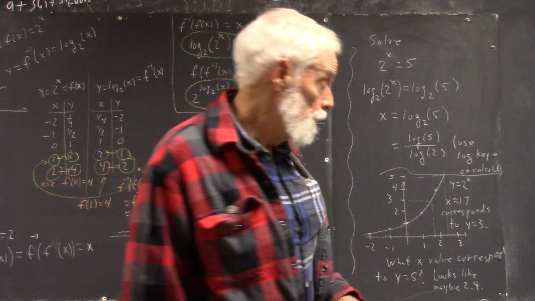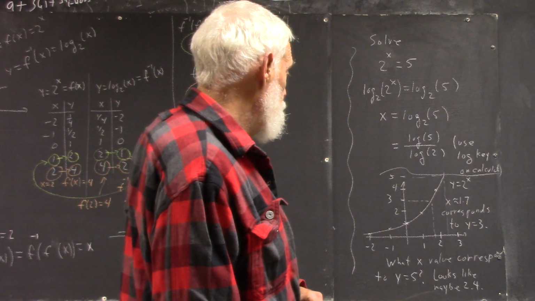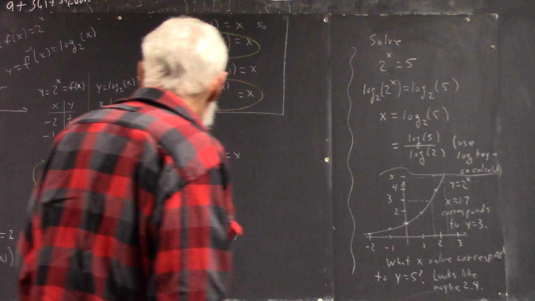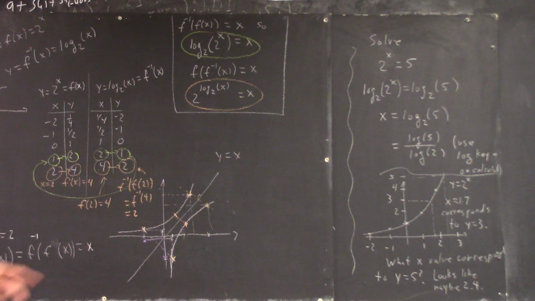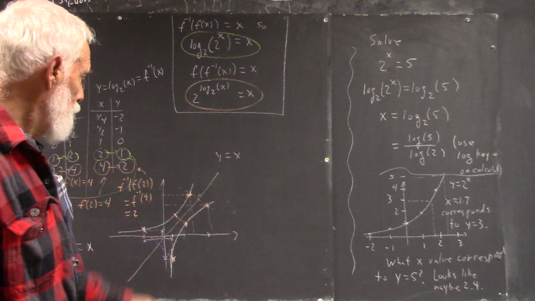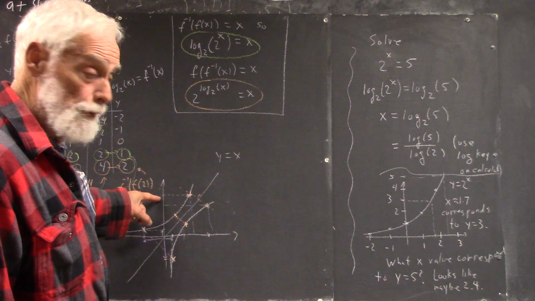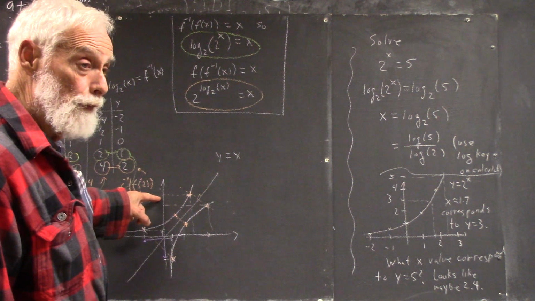Well, there are two ways we can see the log base 2 of 5. One is to draw the graph of the base 2 log, go out to where x equals 5, and find the y value. That would be the log base 2 of 5.